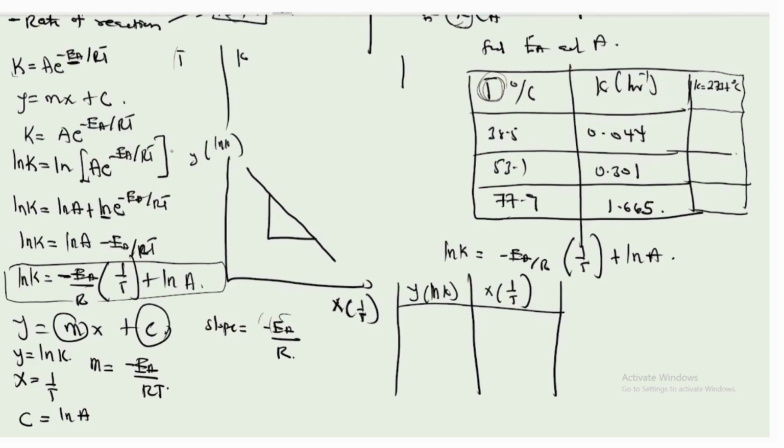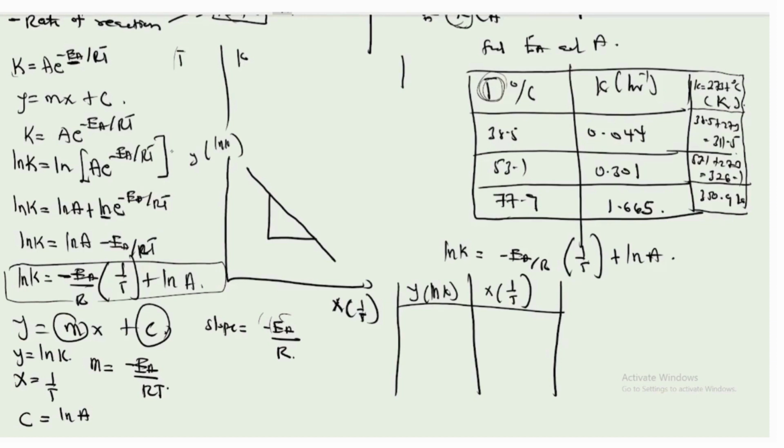So for the first one, 38.5 plus 273 gives 311.5. The next one, 53.1 plus 273, we get 326.1, and then 77.9 plus 273 gives 350.9. So they are all in Kelvin.